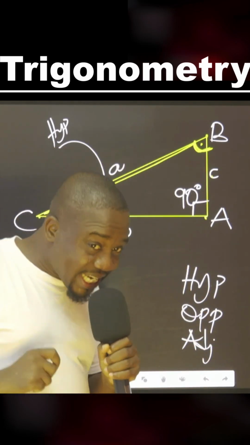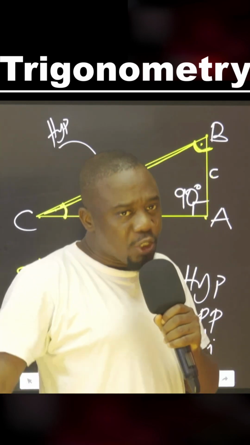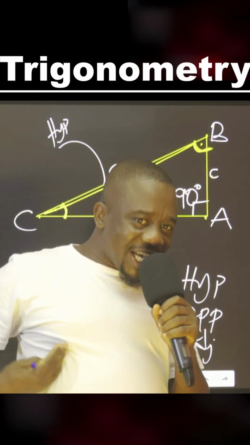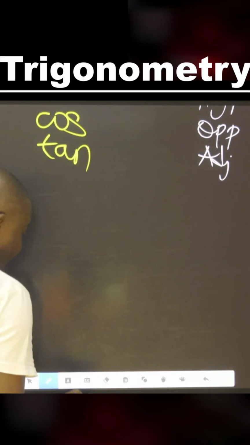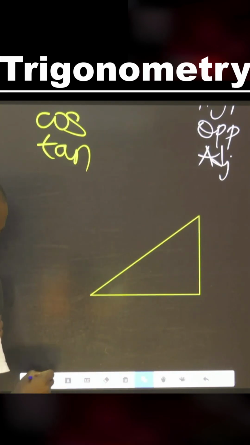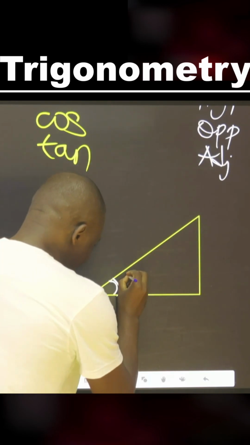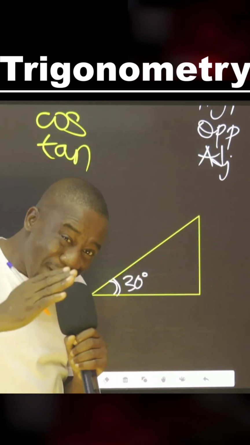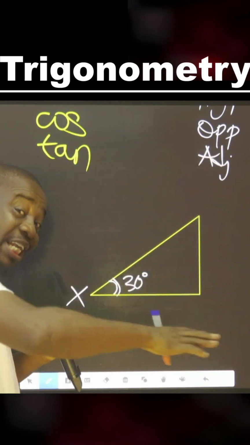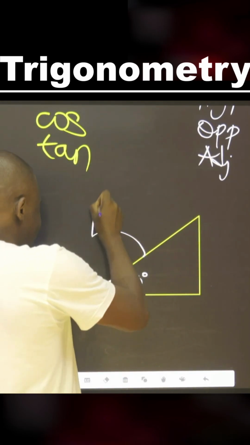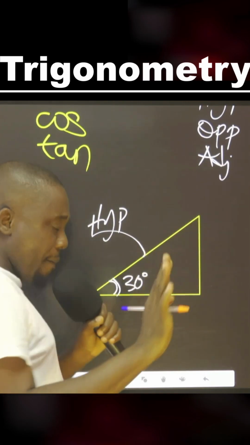What is the meaning of adjacent? Adjacent is something that's close by. His house is adjacent to my house. Okay? So therefore, once you are considering an angle, say for instance, I'm considering this. Let's call this X. Say this angle is 30 degrees for instance. This is my interest. The first thing is, which of these is the longest? That is this, is the hypotenuse. I remove it among them.